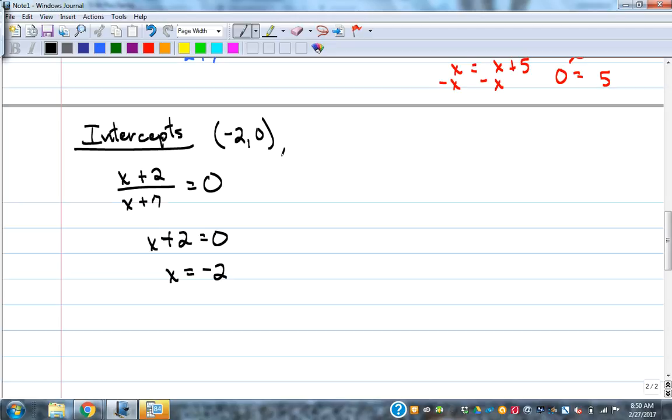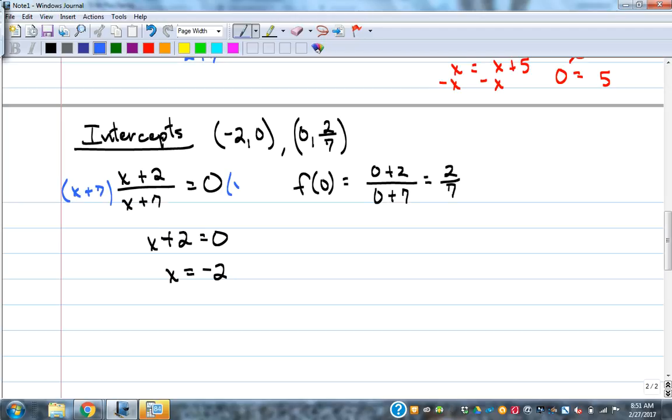How do we find a y-intercept? Yeah, so we find f of 0. 0 plus 2 over 0 plus 7. Same way I solved for that. If I multiply by x plus 7, what's 0 times x plus 7? 0.